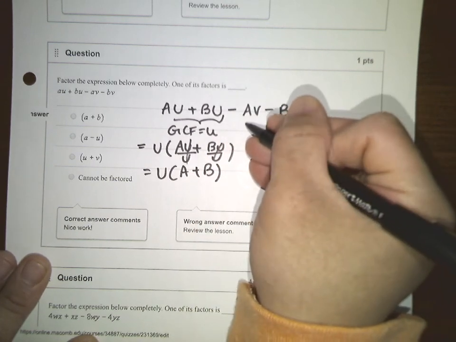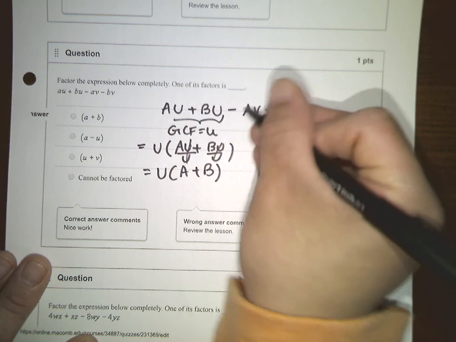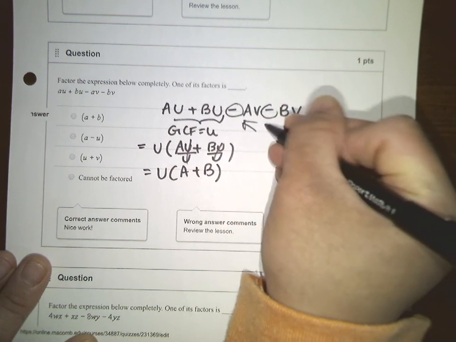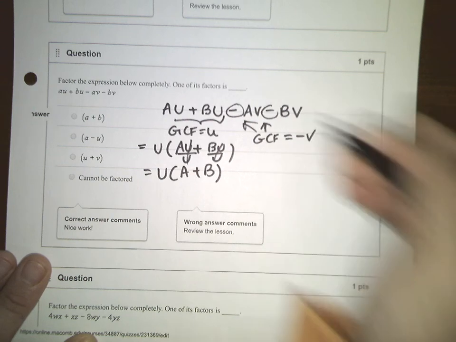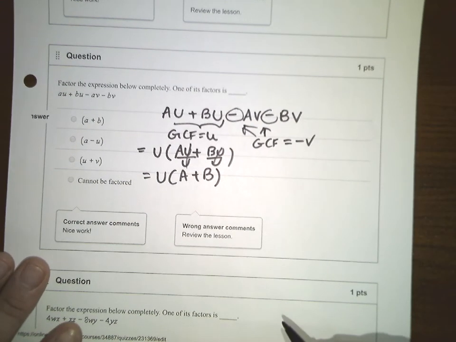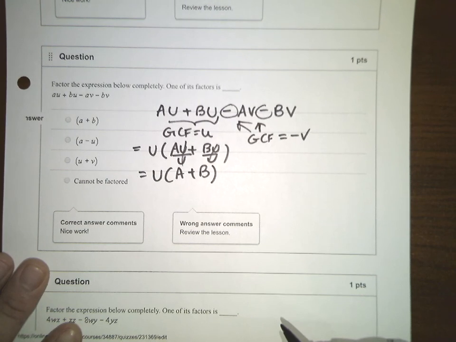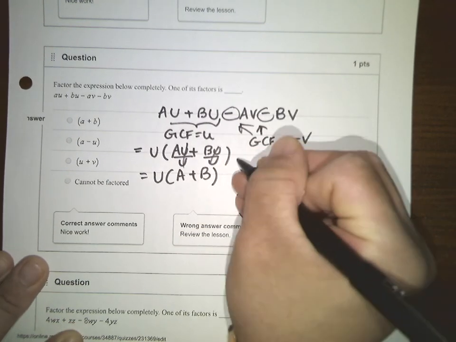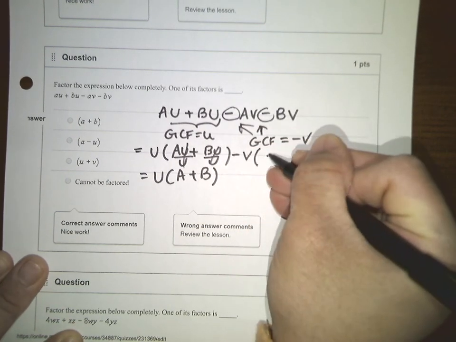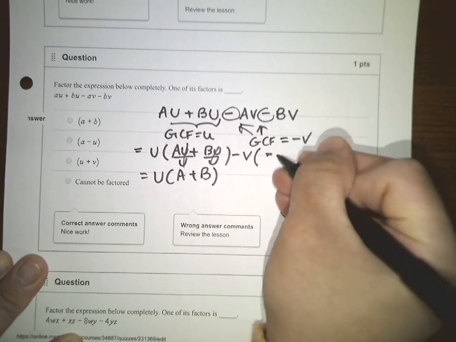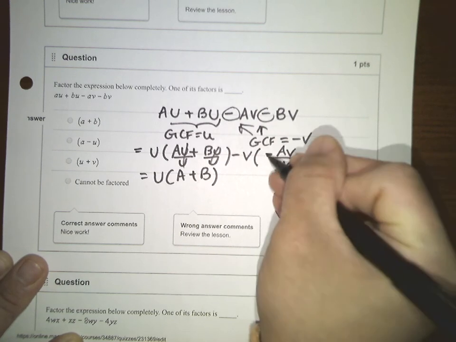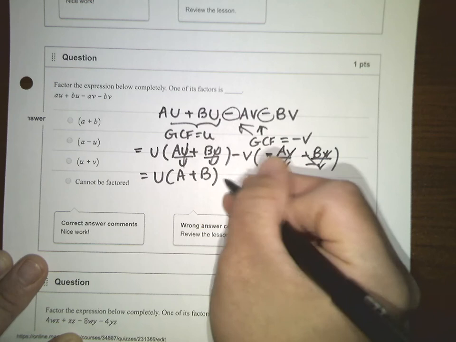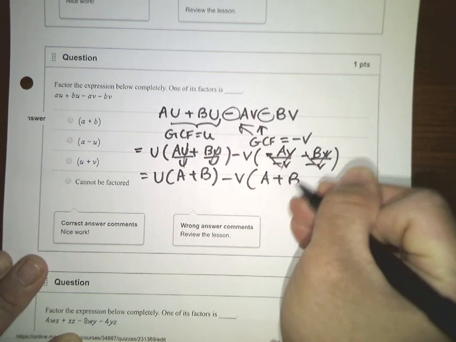And this one is a little bit different because I see that the GCF is actually a negative V in this particular case, unlike the last example where it was just a V. So this will be minus V times, well, what will this be? Negative AV over negative V minus BV over negative V. The negative V's divide out, so I have minus V times (A plus B).